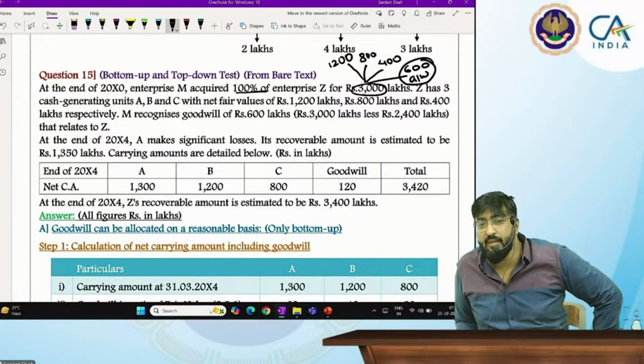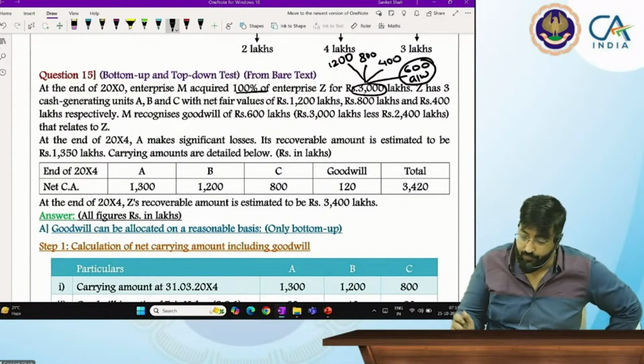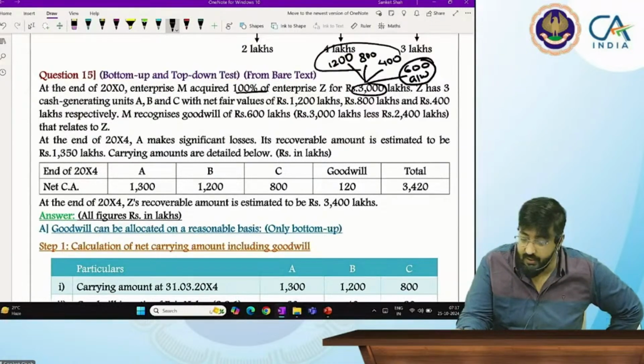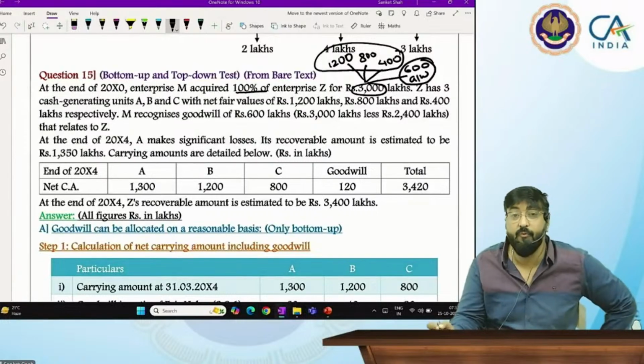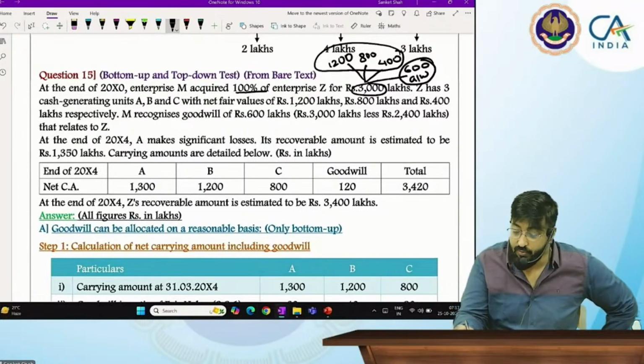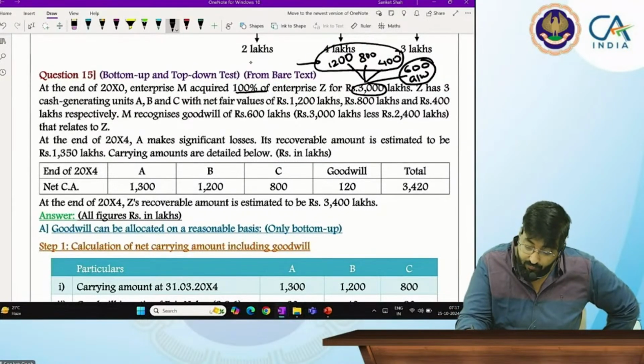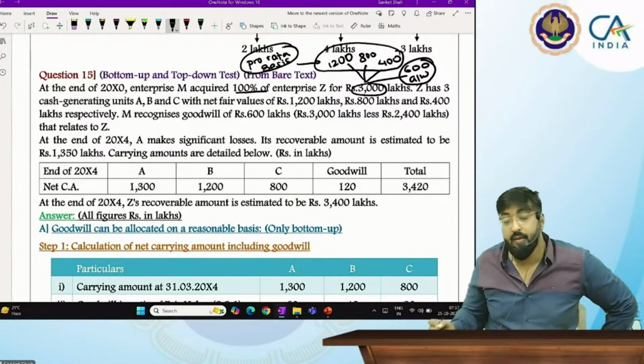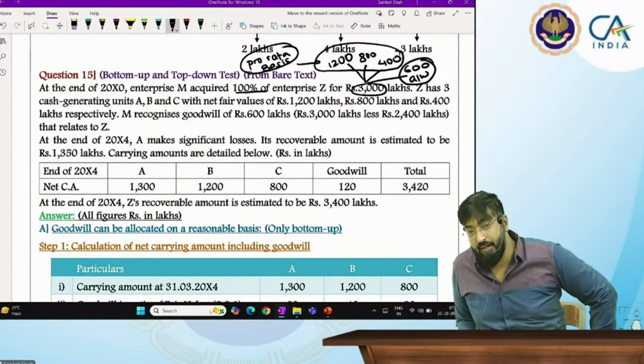If we go by this approach, now see, this is fair value, which will help us calculate on a pro rata basis. When we are calculating impairment, first we will use 1200, 800 and 400.